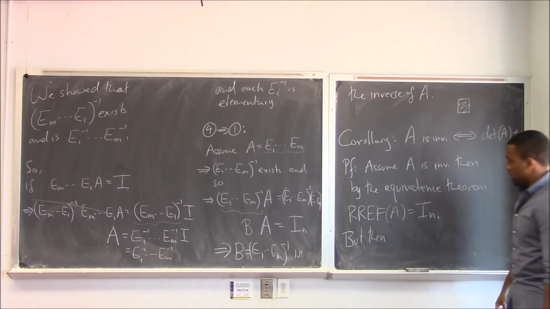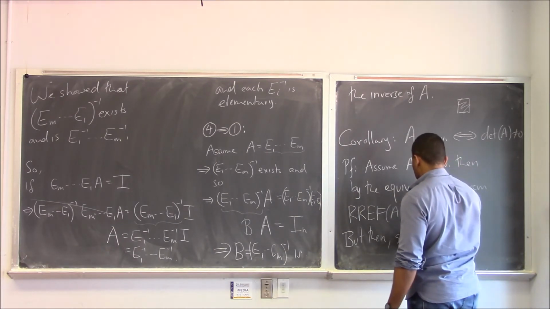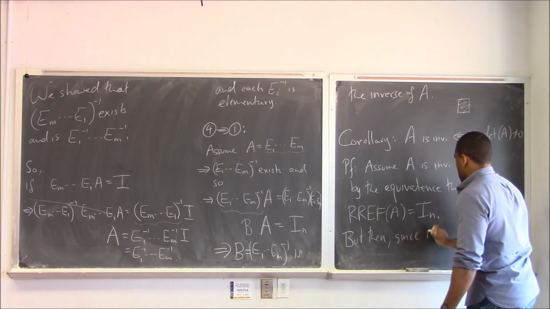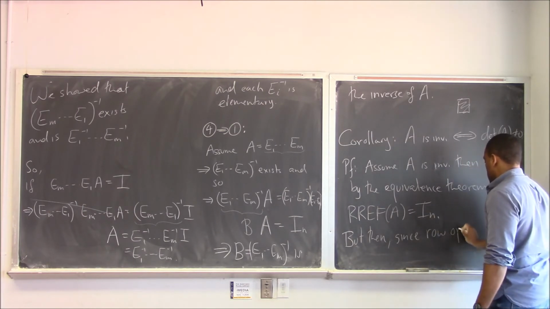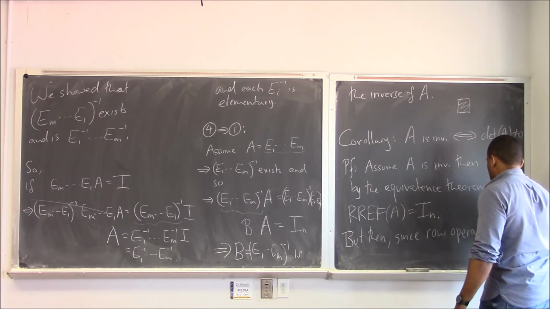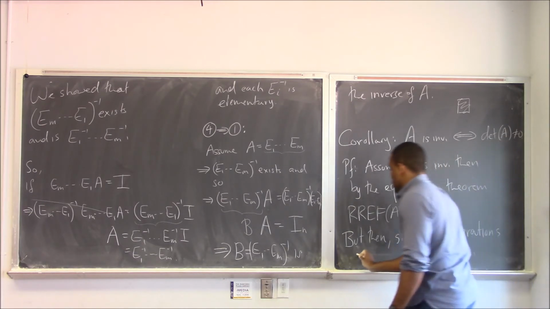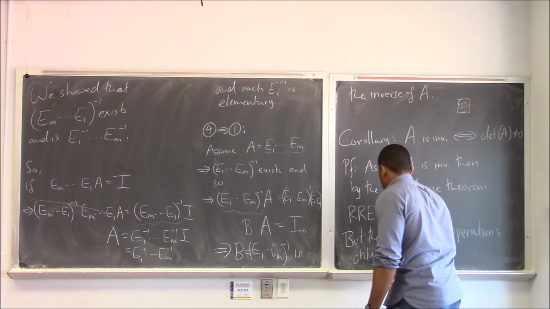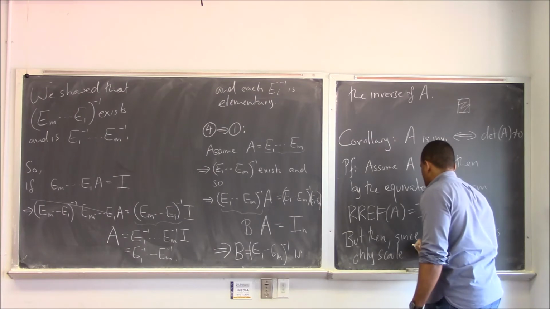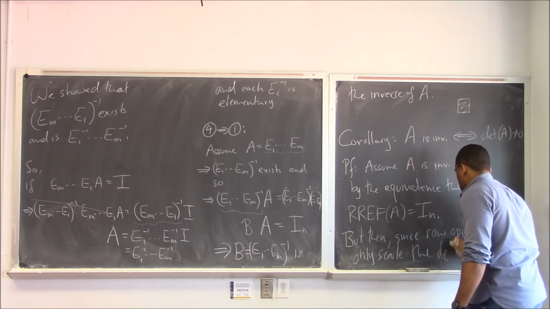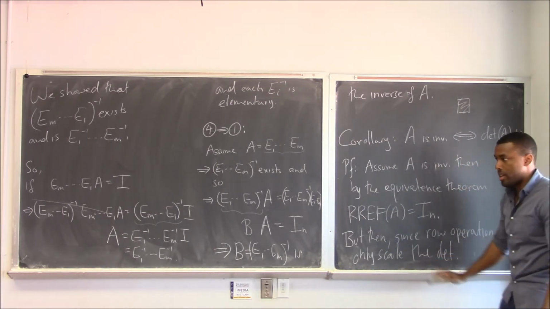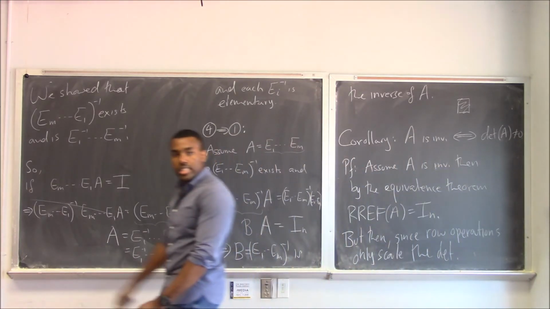But then, throwing back to the concept that we had at the beginning, row operations can only scale a determinant.